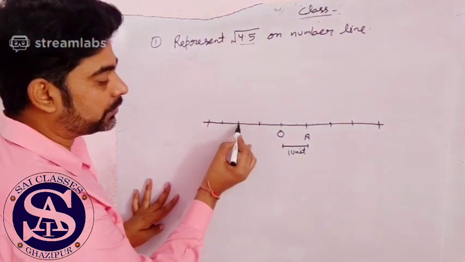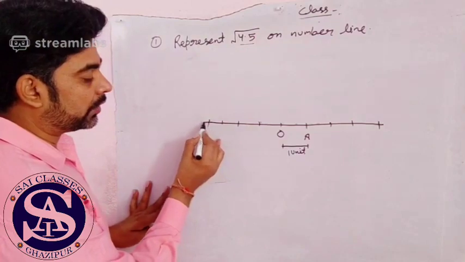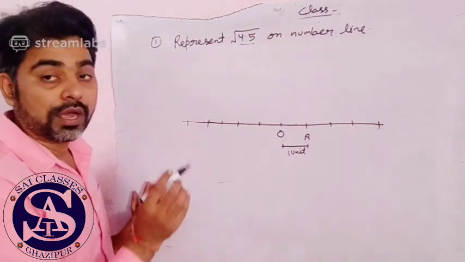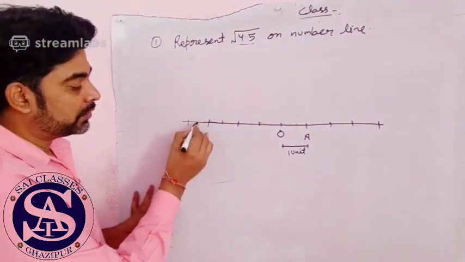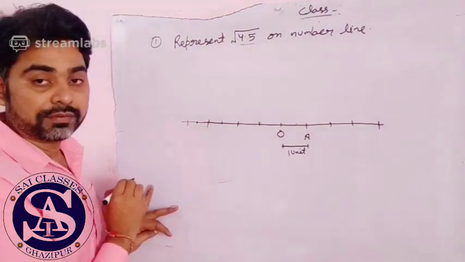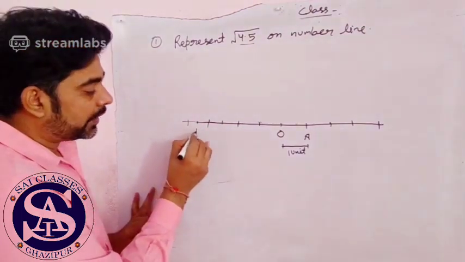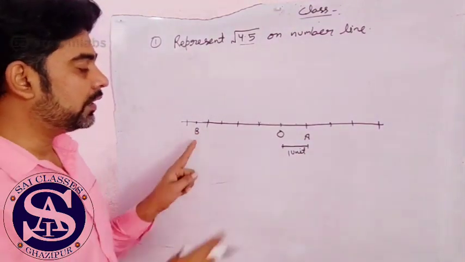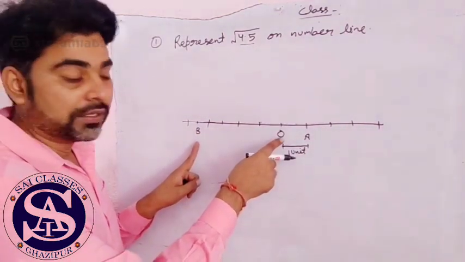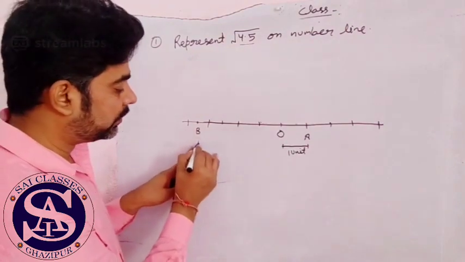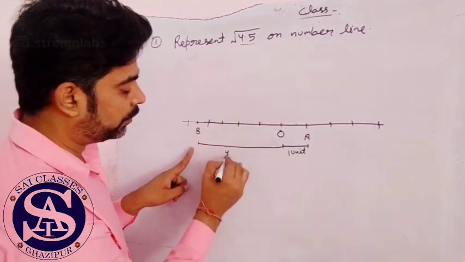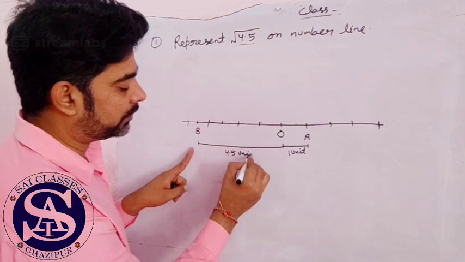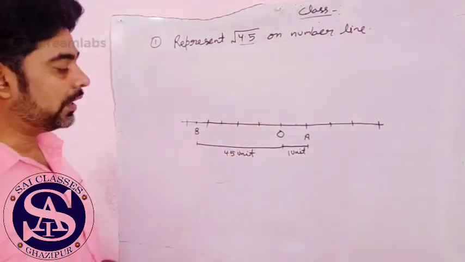So 1, 2, 3, 4, 5. So I have to take 4.5. So this is 4.5. Name this point as B. So I have taken a point B on the left of the origin at a distance of 4.5 unit. Right?